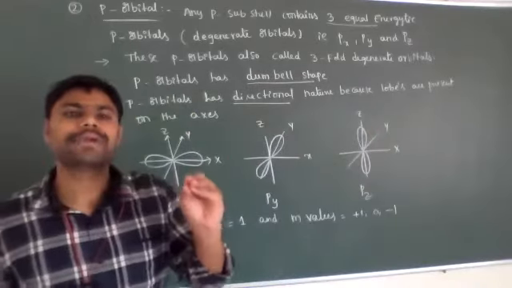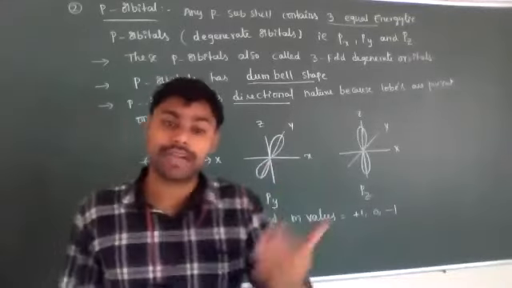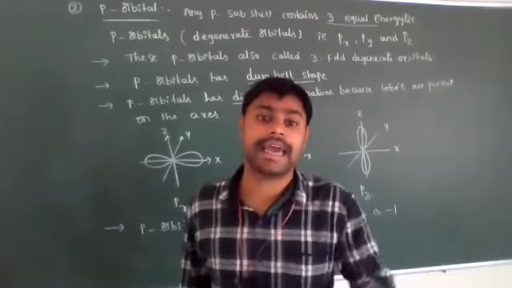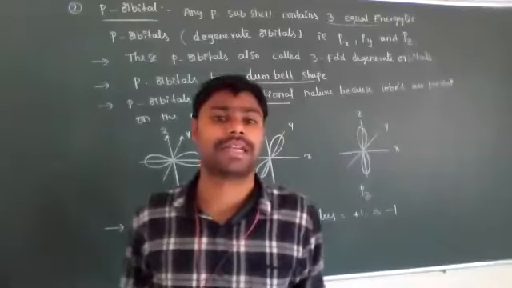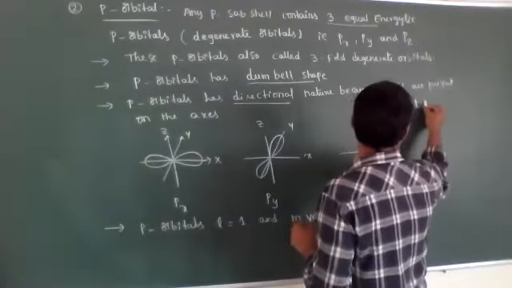How can I say 3 p orbitals are present? Because, as I already said in magnetic quantum numbers, the maximum number of orbitals in a subshell is 2l plus 1.